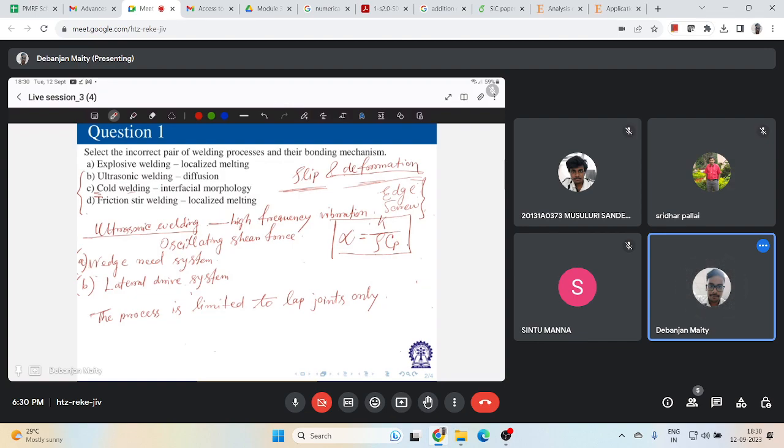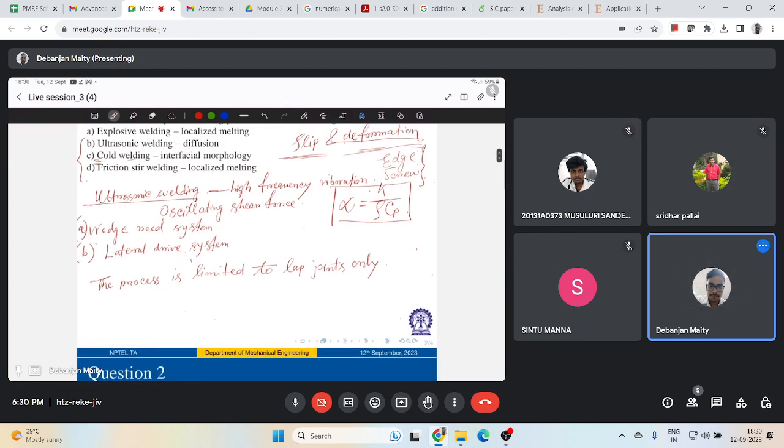Now, what are the process steps of cold welding?